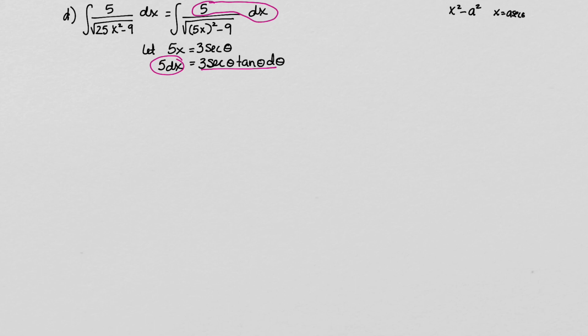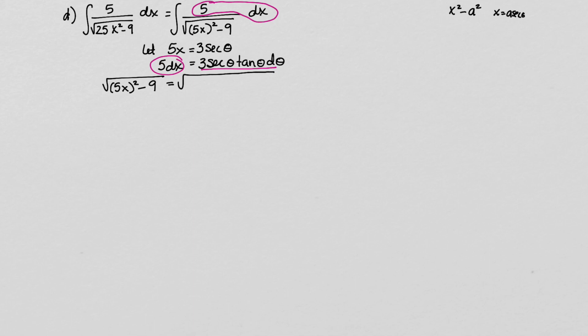The other stuff I'm going to need here is the square root of 5x squared minus 9. So this is going to end up being the square root of, I'm going to move this over just because I want to leave myself enough room so I can make it fit on one page here.